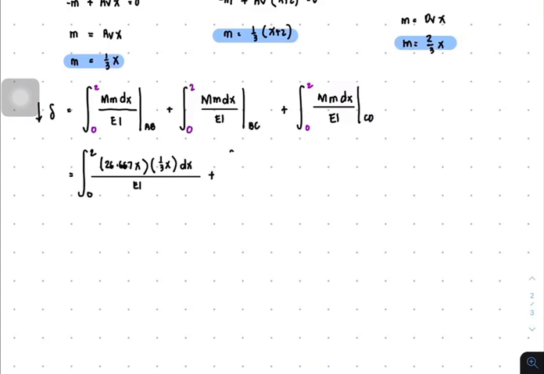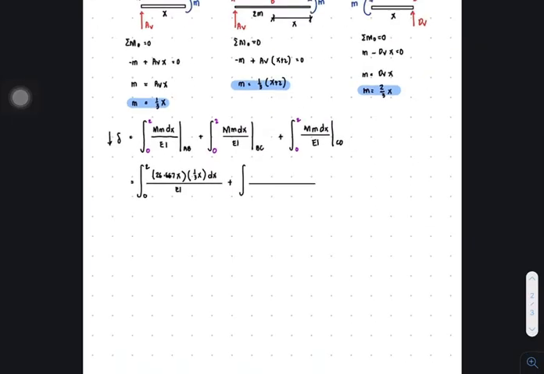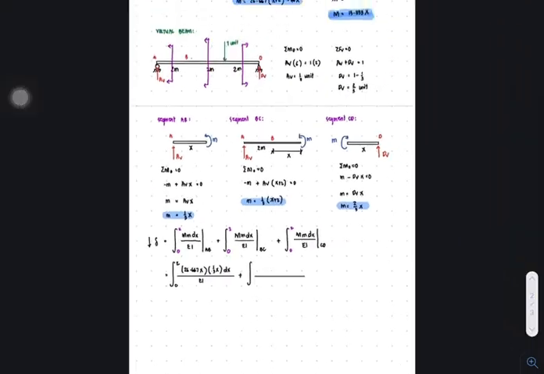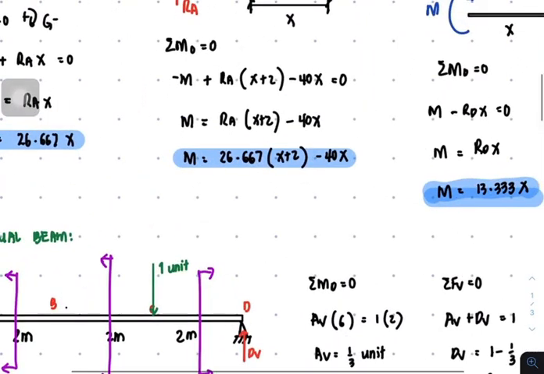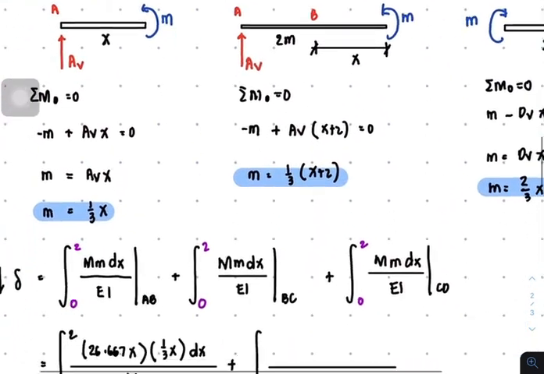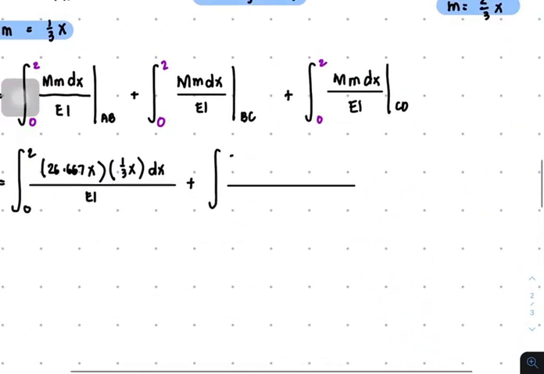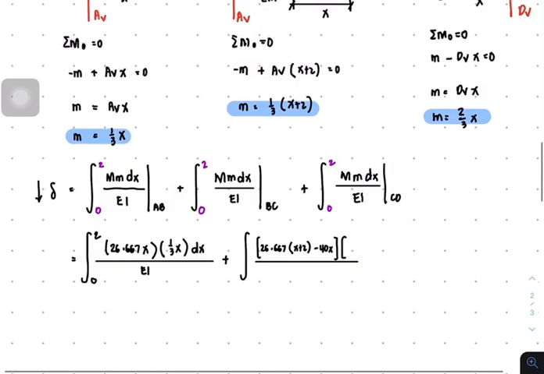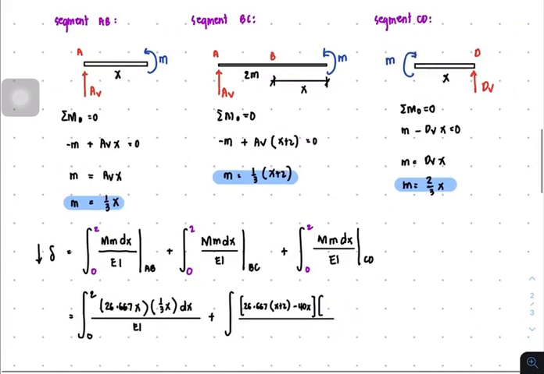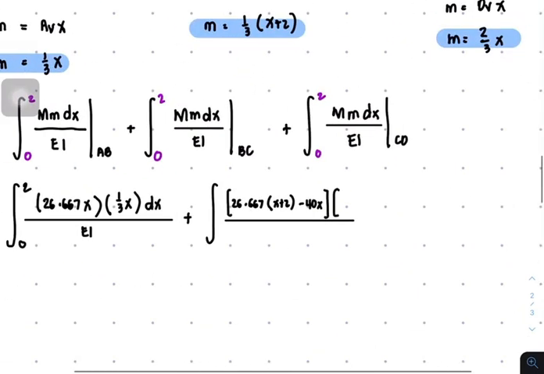Then plus the integral of 26.667 times x plus 2 minus 40x, for BC.